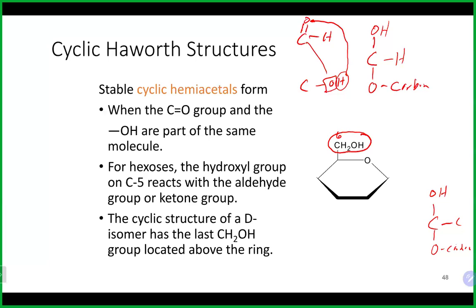That's how we get that oxygen popped into that ring, and how this becomes an OH group. Now we have our hemiacetal: our OH group, our H, our oxygen carbon group. And that's what our cyclic hemiacetal looks like.